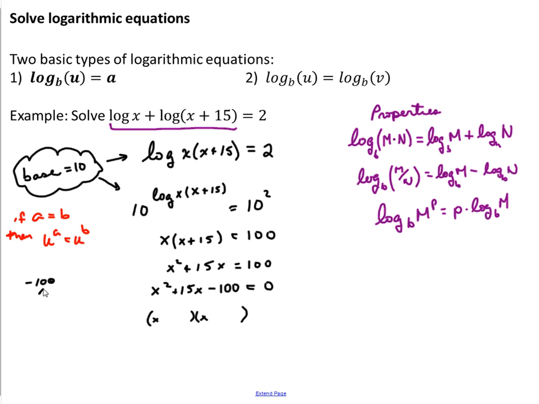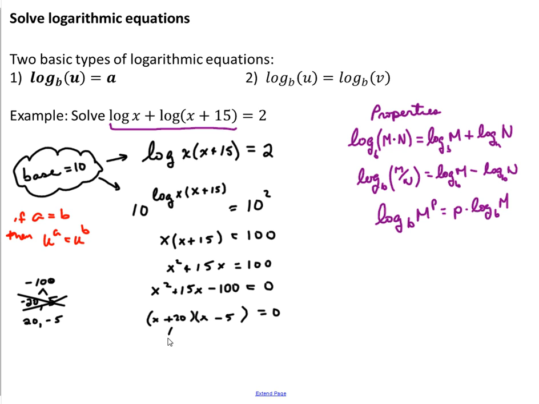How about negative 20 and positive 5? No, that's not it, because the signs are wrong. How about positive 20 and negative 5? Yeah, right, those multiply to give negative 100 and add up to positive 15. So we would have x plus 20 and x minus 5 as our two factors equal to 0.